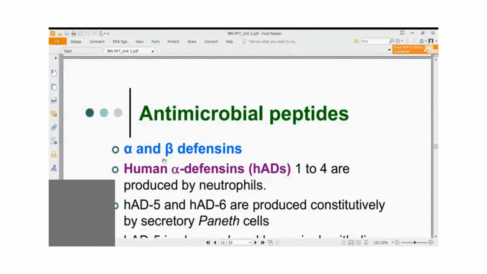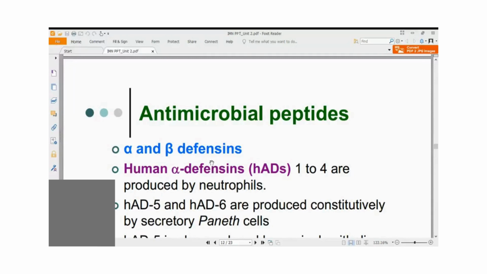Neutrophil is naturally there in our body as a WBC, white blood corpuscle. Okay, so the defensins are a type of protein which can be classified into alpha and beta defensins, based on their structure. You have heard about the alpha helical structure and beta pleated structure in the protein. Based on that, these defensins are also classified.